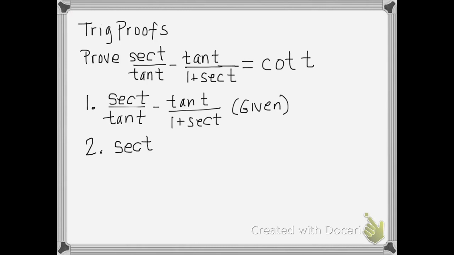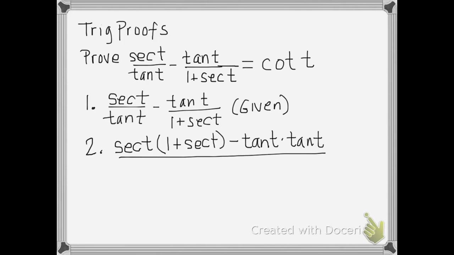I'm going to take the secant and multiply by 1 plus secant t minus tangent t times tangent t, and then all of that is over tangent t times 1 plus secant t.